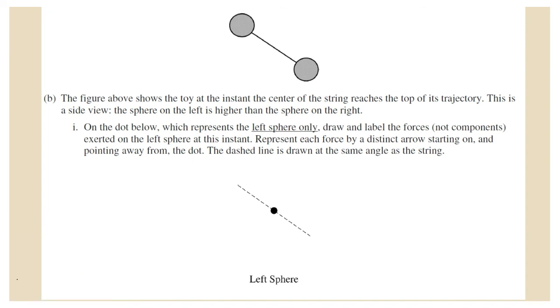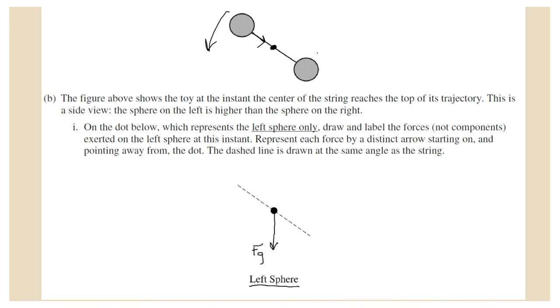Now, it should be obvious to everybody, at least I hope it was, that this left sphere very obviously has a force of gravity acting on it. But because we are talking about the left sphere here, we also have to account for the force exerted on it by the string. Now, as the problem said, this thing is rotating counterclockwise. That means there must be a centripetal force acting on it as well in order to make it rotate.